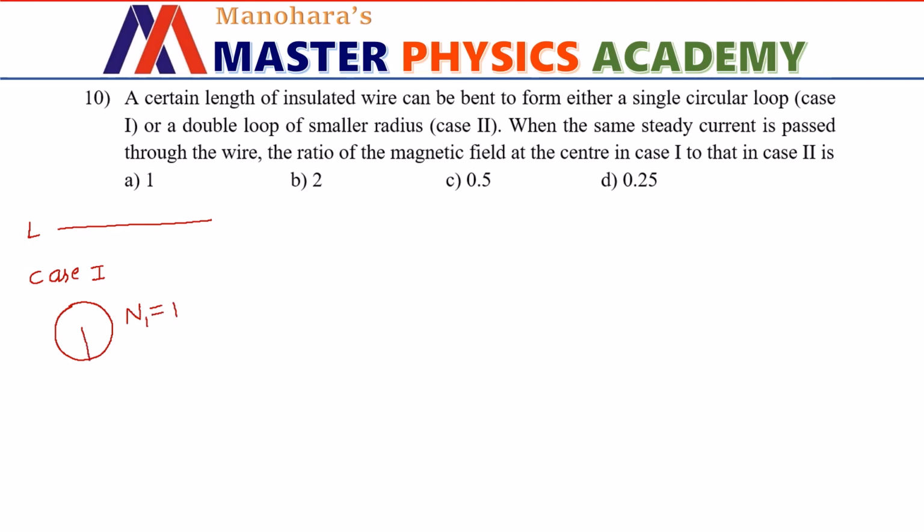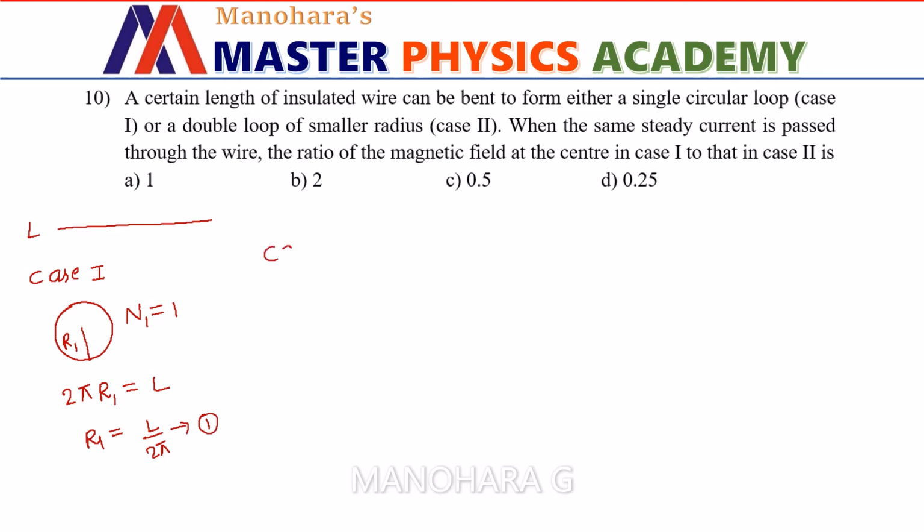Let us consider the radius of the circular loop to be R1 in this case. Therefore, the circumference of this circular loop, 2 pi R1, is equal to L. Solving for radius, we have L divided by 2 pi as the radius of this circular coil. Let us call this equation number 1.